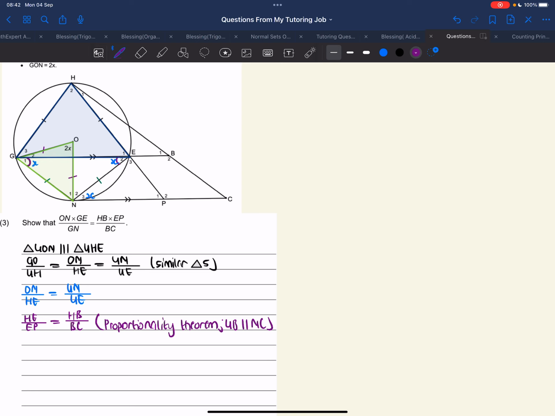Let's see. Both sides I have HE. So I have to find a way to rearrange those.